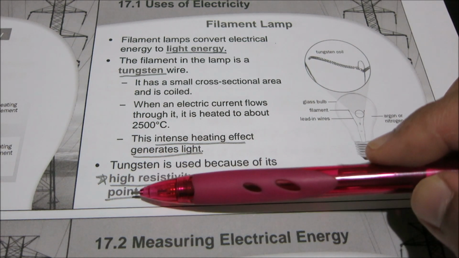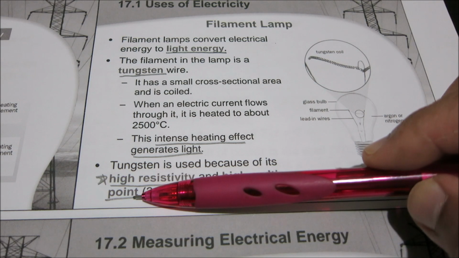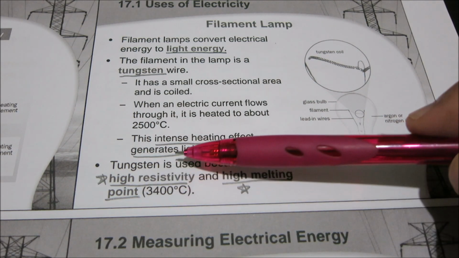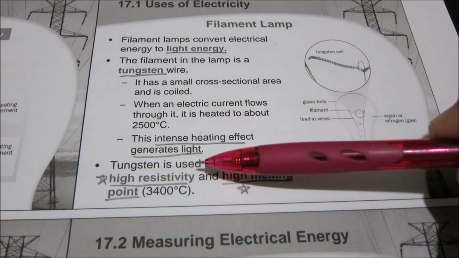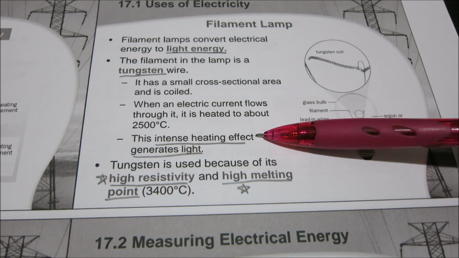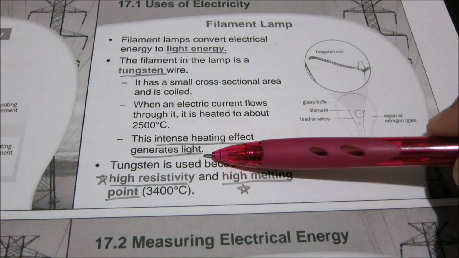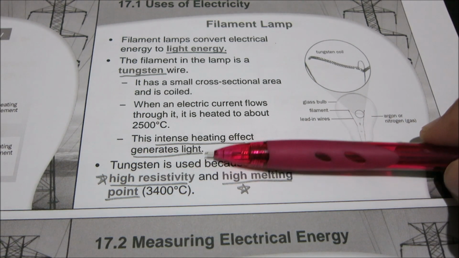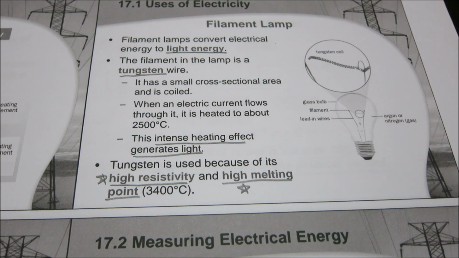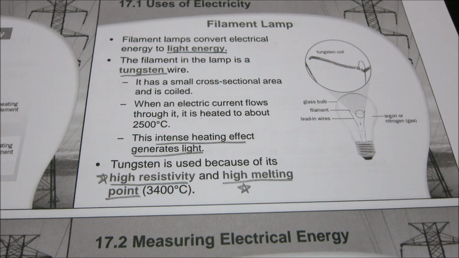So you see quite a little bit of commonality with nichrome. We want it to heat up to a very high temperature, and this heating effect would then, as a byproduct, generate light. So that's how the old light bulbs used to work. So that's all that we need to know at the O levels for uses of electricity.